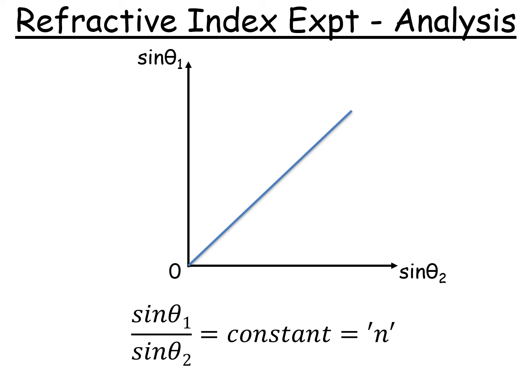And in fact, if we work out the gradient, i.e. if we take y over x, because remember that's a general equation for a straight line, then correspondingly, that's the same as sine theta 1 divided by sine theta 2. We can find the actual refractive index of the material.